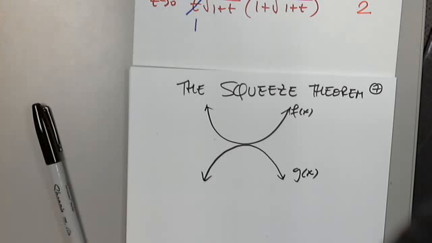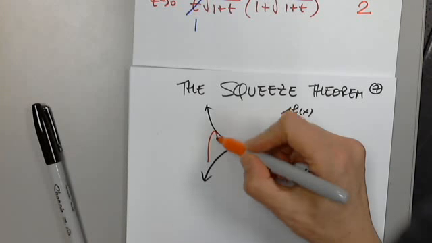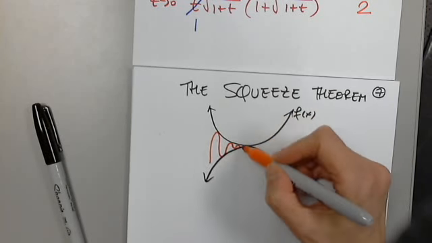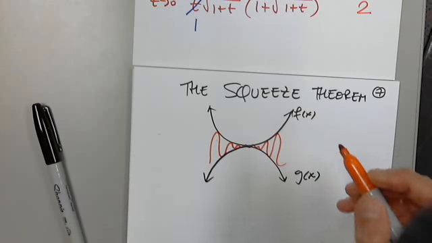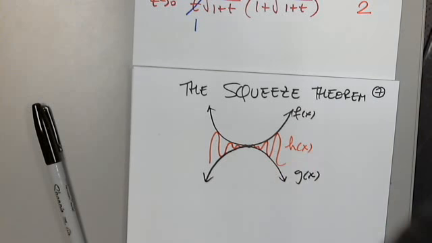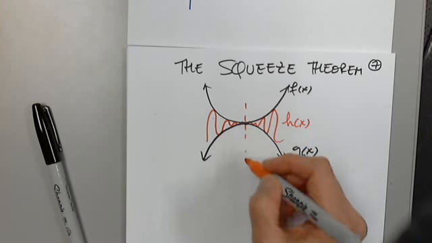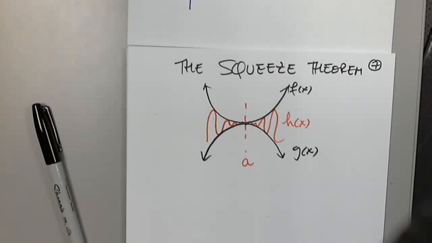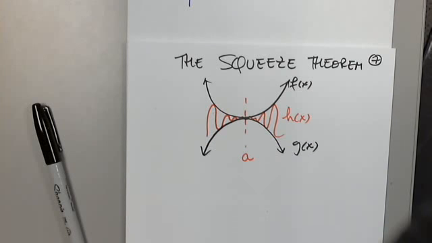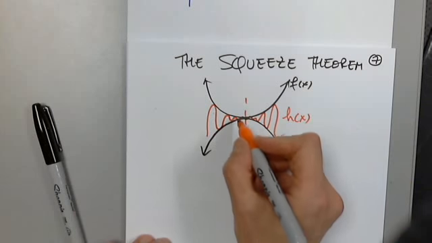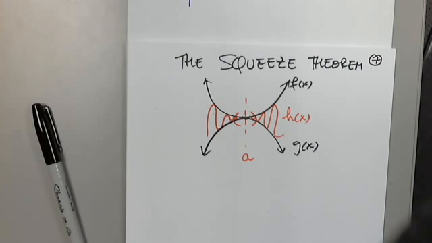And let's suppose I have this function, which is h of x. And of course, this happens near an x value, which is a. I don't care outside of this tiny open interval. I don't care what happens outside of the interval. But I know that near a, this is the situation.